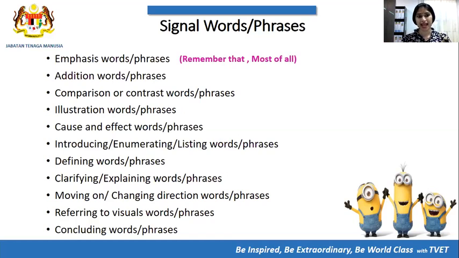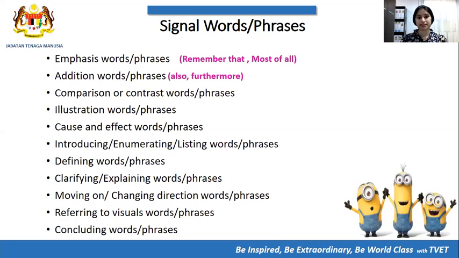Next we look at addition words. You have an idea, and then you want to add more ideas. So how do you add more ideas? You can use addition signal words like also, furthermore. Next, comparison or contrast words or phrases.